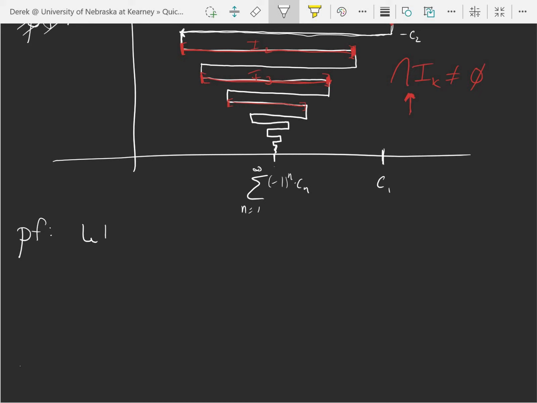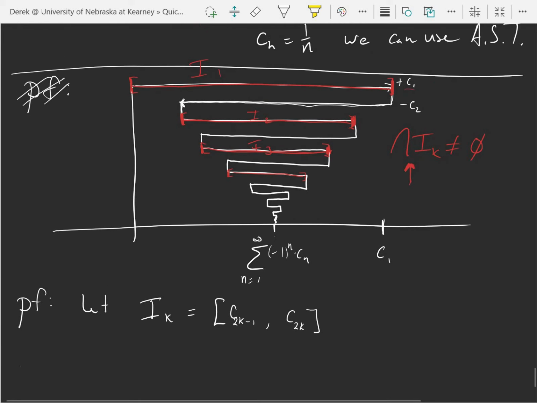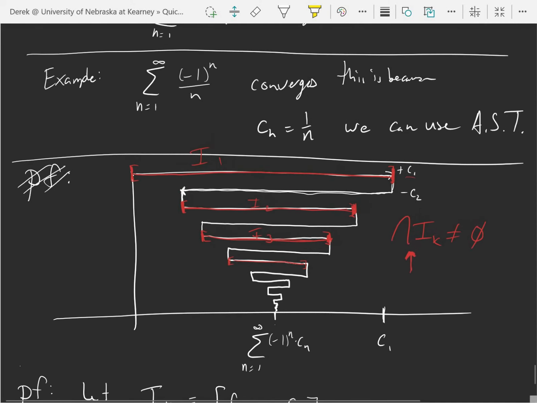Okay, so we're going to let I sub k equal the interval from c sub 2k minus 1 to c sub 2k. So the right hand points are the positive ones, the left hand points are the negative ones.